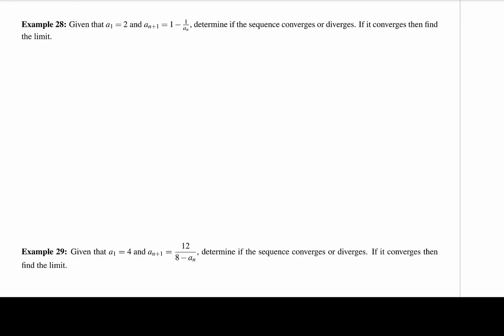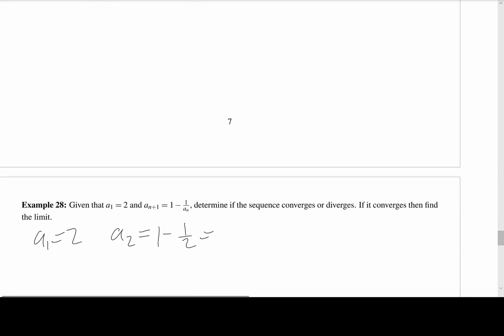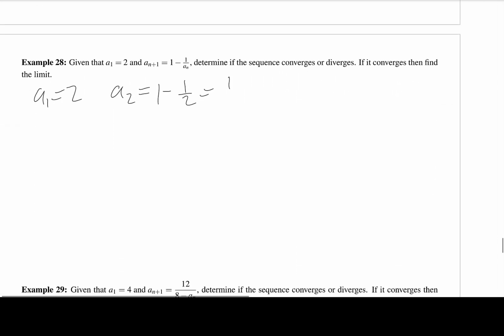Now looking at example 28, let's see, A1 is 2. A2 would be 1 minus 1 over 2, so that gives us 1/2.